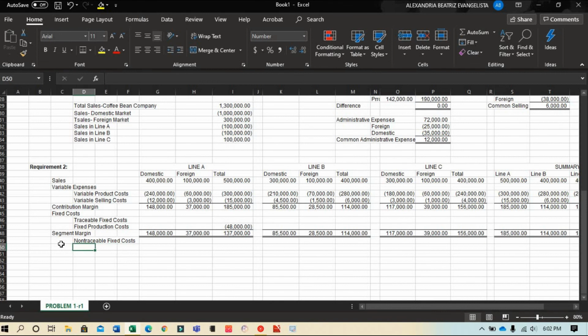So under that we have the fixed production cost, the administrative costs, and the selling expenses. There should be expenses also.